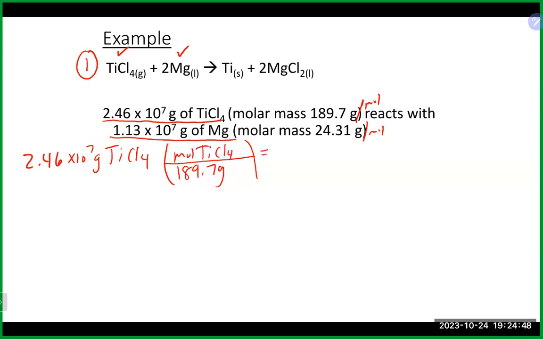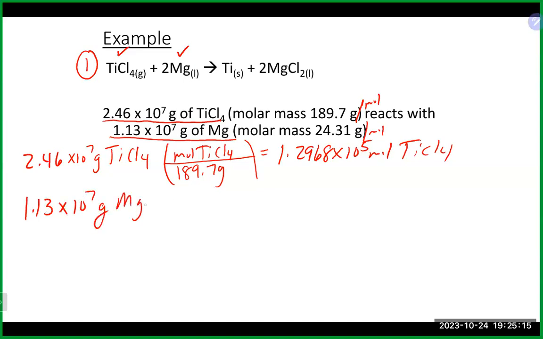That's a reminder to make sure you are using your exponent button in this particular problem. And you will get something like 1.2968 times 10 to the 5th moles of TiCl4. We're going to do the same thing for our magnesium, which is 1.13 times 10 to the 7 grams of magnesium, using the molar mass from the periodic table for magnesium, 24.31 grams per mole.